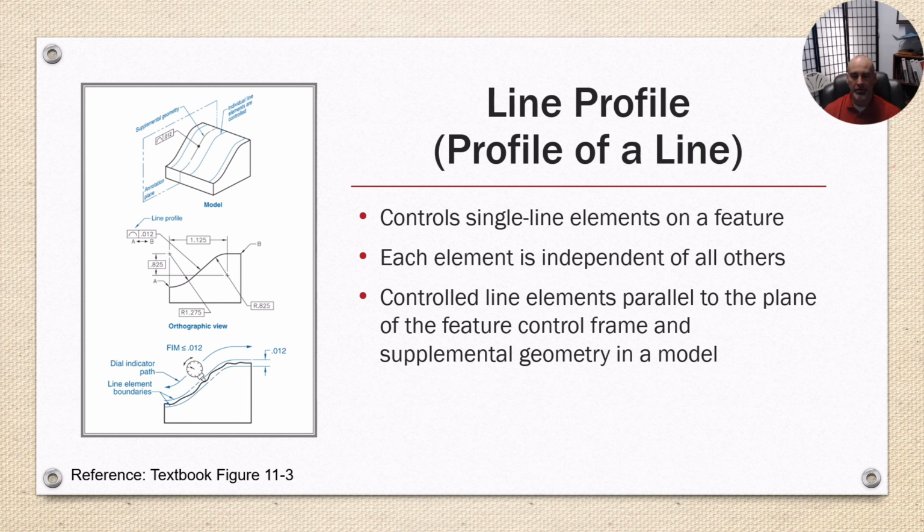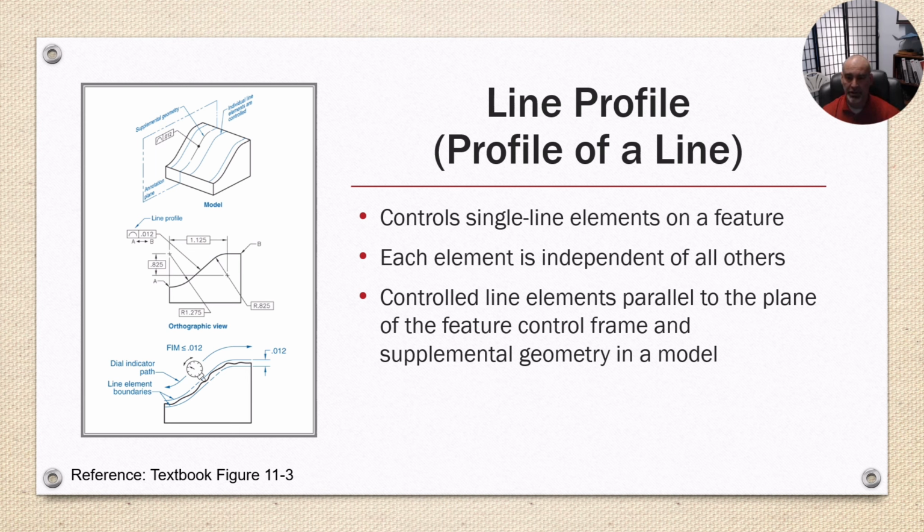So you have to control the tolerance along just one path along that feature, and it's parallel to the plane in which the dimension is actually called. And as it mentions, in 3D models you may have to have supplemental geometry to define where it falls.